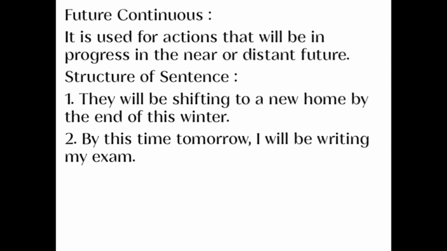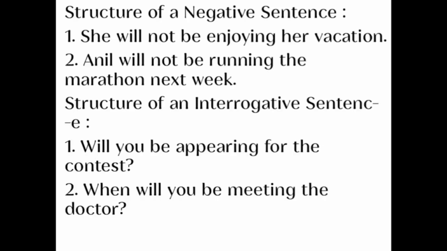Then the second example we have: by this time tomorrow I will be writing my exam. Will be is mentioned here also. So then we have the structure of a negative sentence. It includes subject plus auxiliary verb will not be plus the present participle plus object.